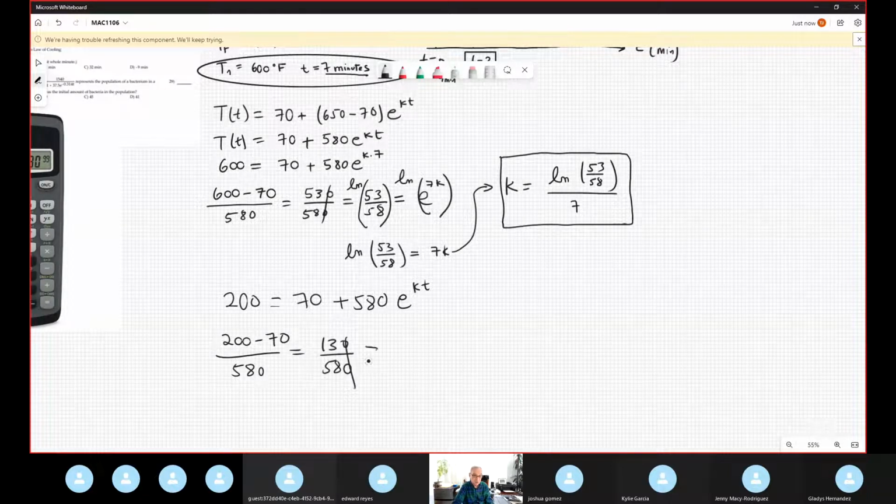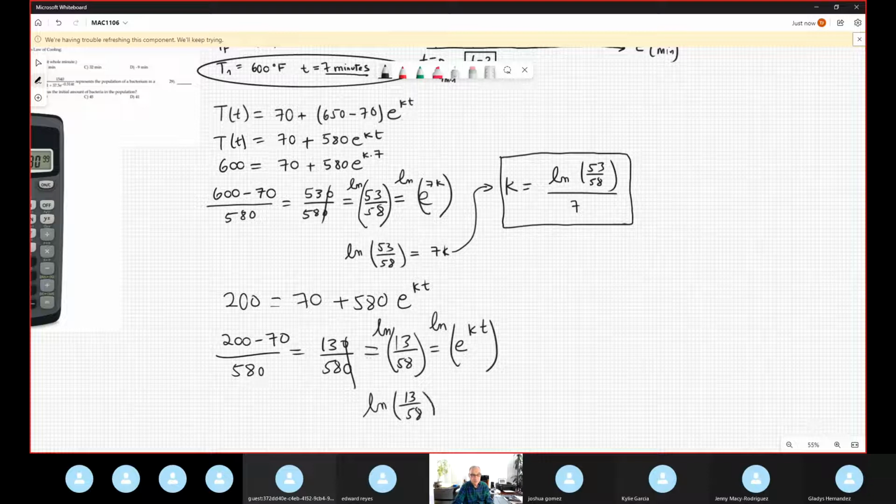Cancel out the zero, 13 over 58 equals exponential kt. I apply the logarithm again, both sides. This is the classical solution of the complicated exponential equation. We have so far natural logarithm of 13 over 58 is equal kt, and t is the time in which the temperature is 200.